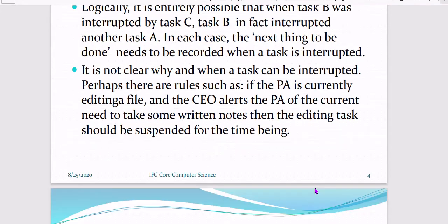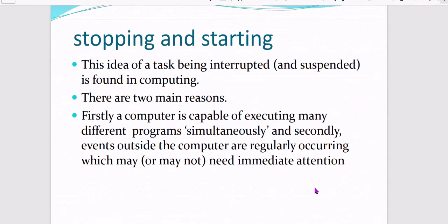So let's consider that. The idea of a task being interrupted and suspended is found in computing, and generally there are going to be two main reasons for the interruption. Perhaps you didn't realise this, but perhaps you did.